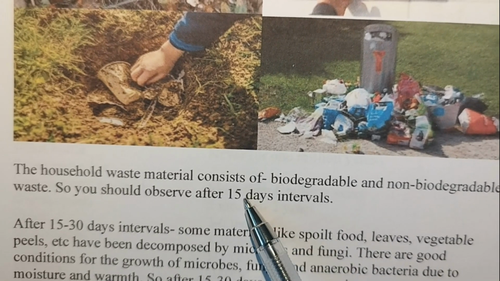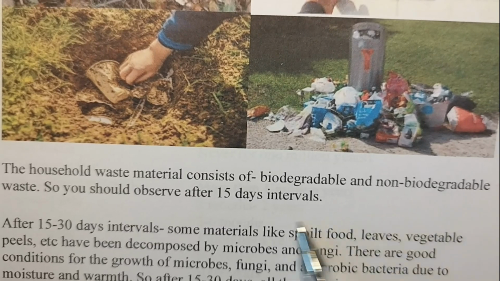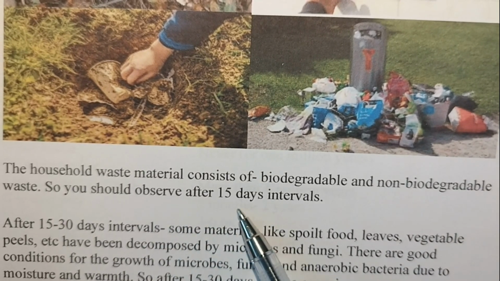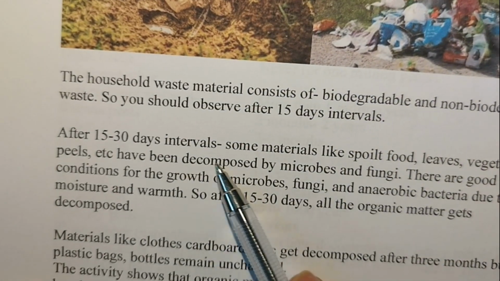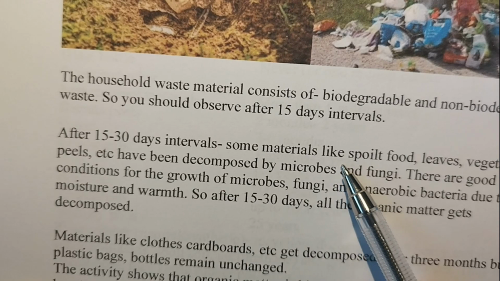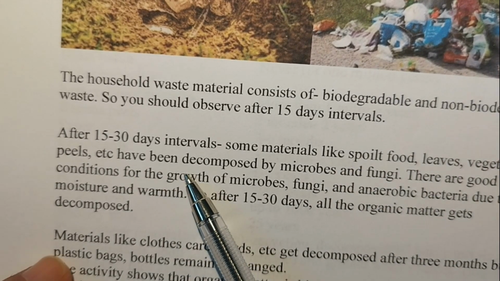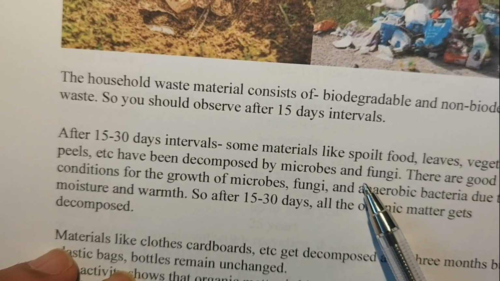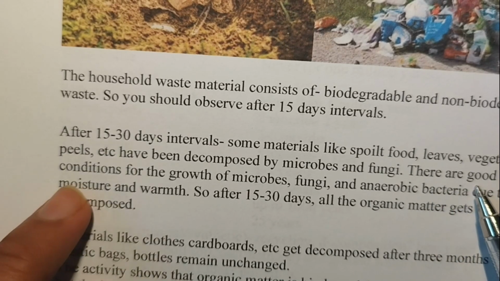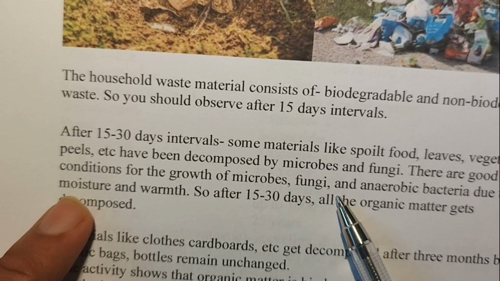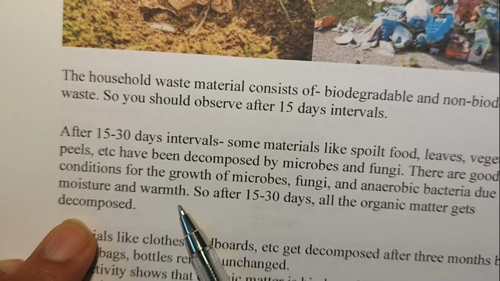The household waste material consists of biodegradable and non-biodegradable waste. After the first 15 days, second 15 days, some material like spoiled food, leaves, vegetable peels, etc. would have decomposed by microbes and fungi in the soil, because there is a good condition for the growth of microbes, fungi and bacteria due to the moisture and the warm temperature there.